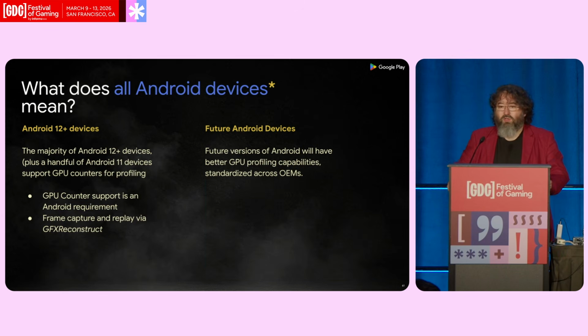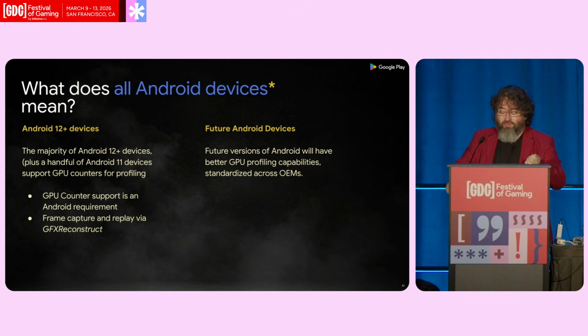You might be wondering, what does all Android devices with an asterisk mean? Well, Android 12 and later devices, plus a handful of Android 11 devices, support GPU counters for profiling. GPU counter support is now an Android requirement, and that enables frame capture and replay via graphics reconstruct, because that allows us to get measurements of the GPU performance back out of the system.